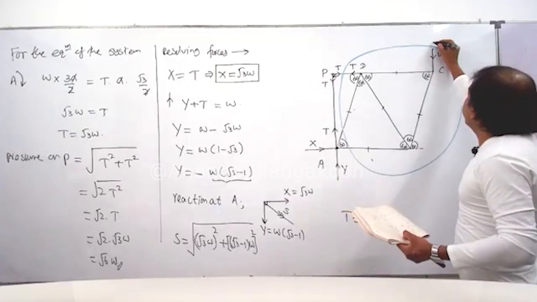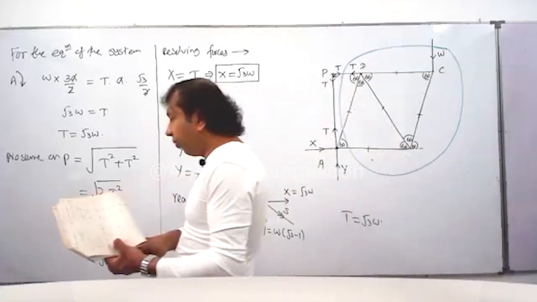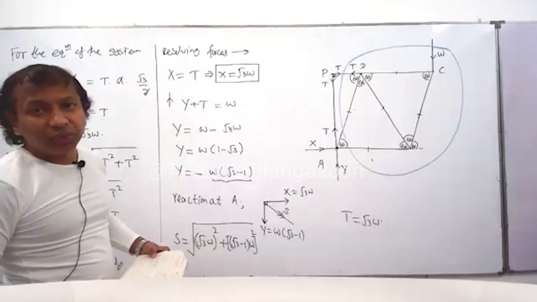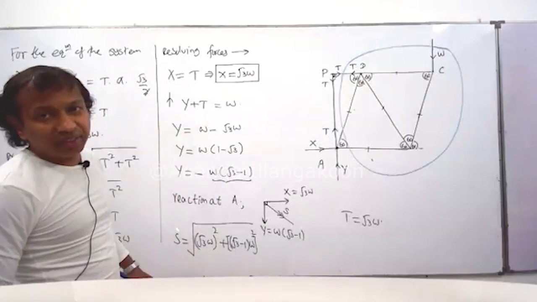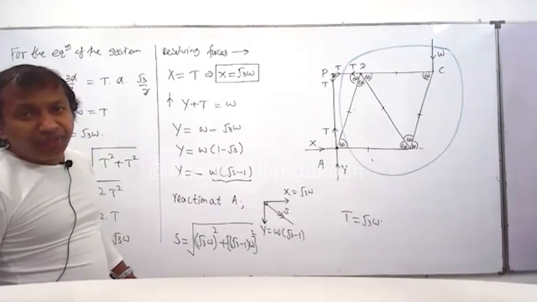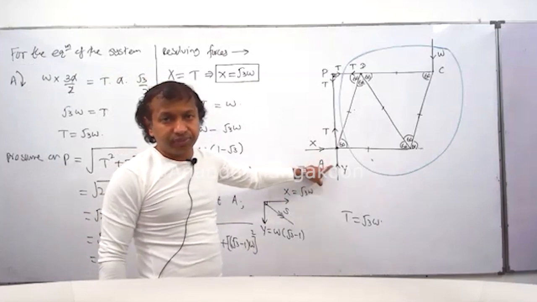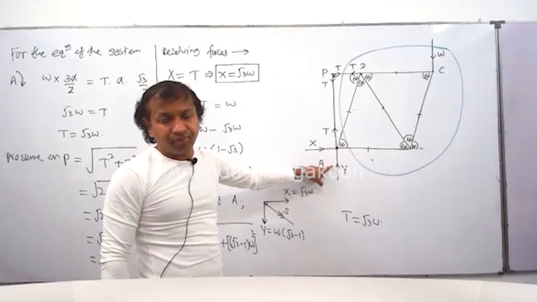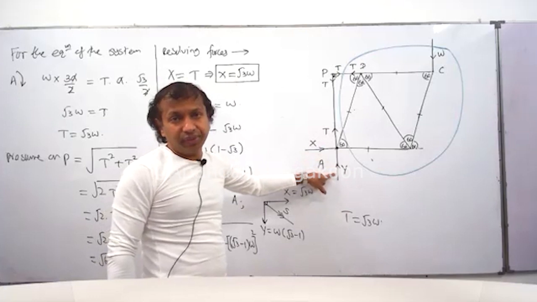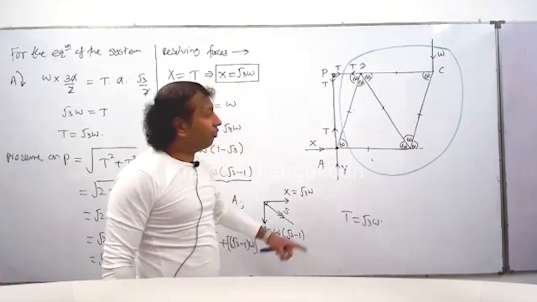But when I discussed this lesson in the theory class, I told you we can cover the whole structure by a closed curve this way. That is also possible to use there, and that is actually important if we try to find the reactions using the stress diagram. But they have been found already. Now we need to find only the stresses available in the rods. Therefore, this way is sufficient.